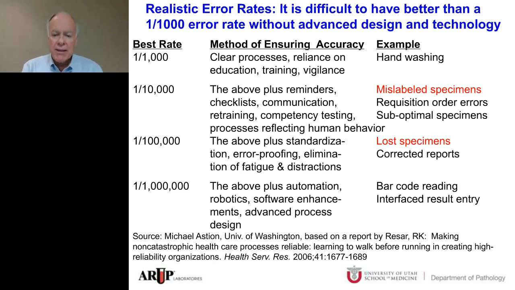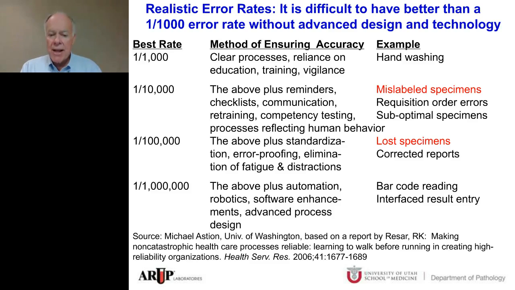So let me go back to Dr. Astian's chart, and the overall contention that he made that automation, robotics, software enhancements, advanced process design is what's really necessary to drive quality down towards Six Sigma levels.